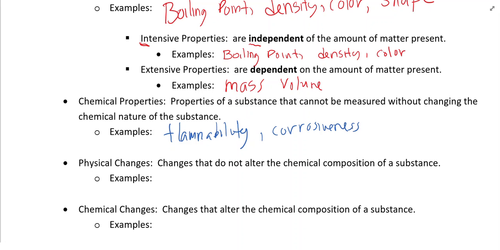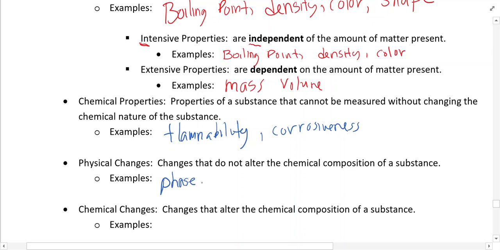So both of these are a little bit different from physical changes and chemical changes. A physical change is a change that doesn't alter the chemical composition. So if you're looking at it in terms of physical properties, it's those changes. An example of a physical change would be something like a phase change.